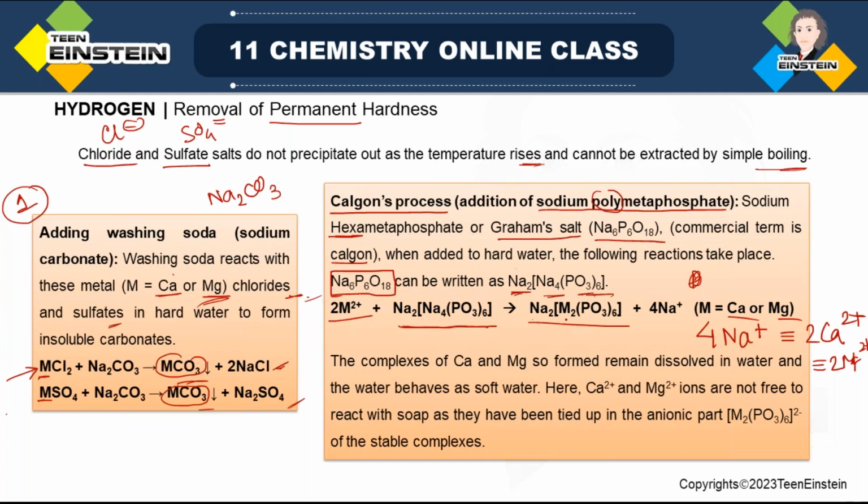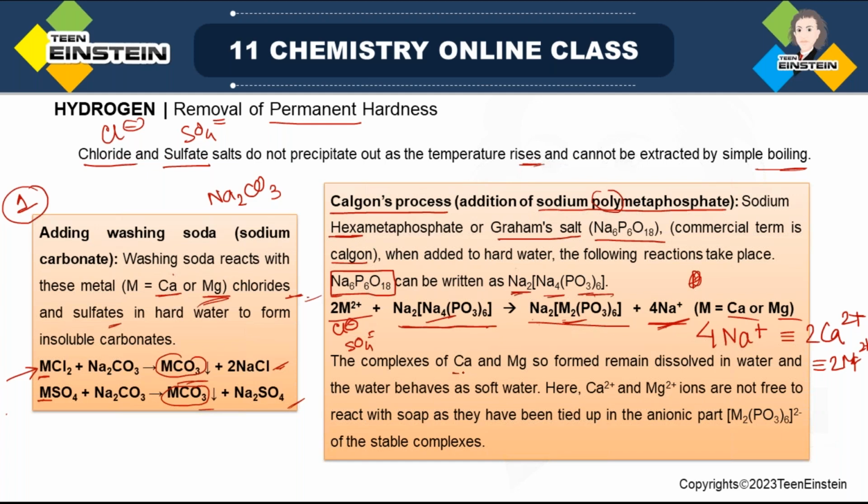So that is the reason when 4 sodium plus is replaced, there is only 2M. In this formula, it is easier to understand this equation, and 4Na+ is removed, and the anion that is present with M2+, it may be chloride or sulfate, will now form NaCl or Na2SO4.